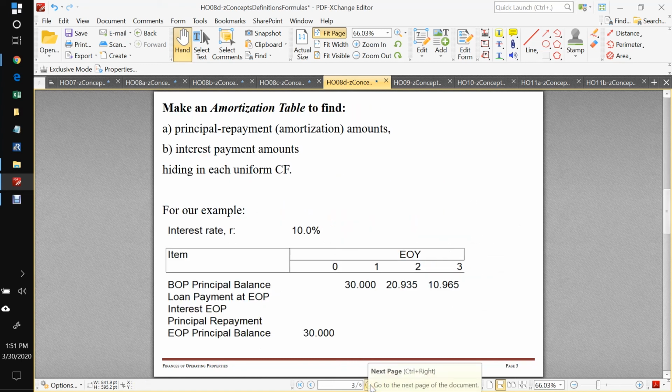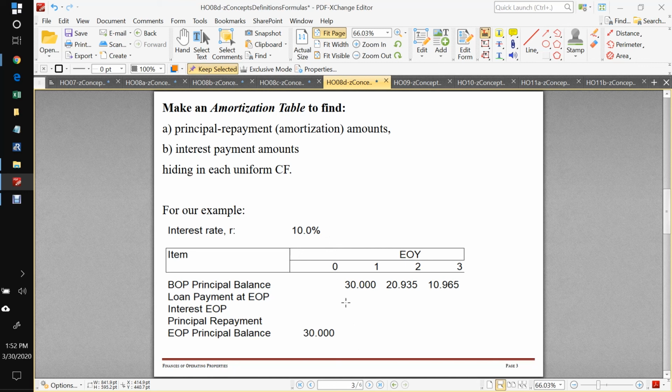And then what we did in the rest of 8D was make an amortization table for various loans to find the principal repayment amount that's hiding in each uniform cash flow and the amount of that uniform cash flow that is going towards interest. We started with a table with some information given to us and some not. We knew the interest rate in this case, and we knew how much was borrowed.